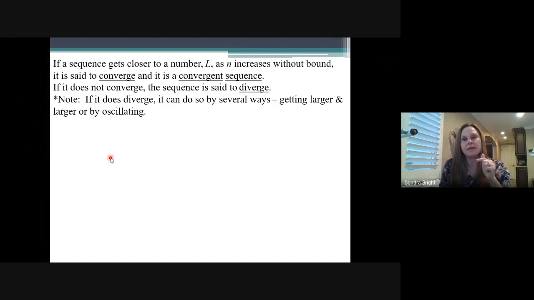Another way that it can happen is if your numbers are going positive, negative, positive, negative, things like that, but also getting larger. If they're getting smaller and closer to the x-axis, then that's something different. But if you're going from 1, -1, 1, -1, 1, -1, then we say it oscillates.